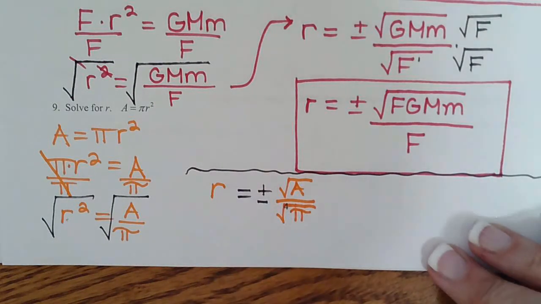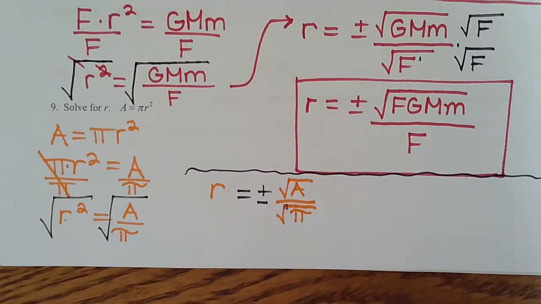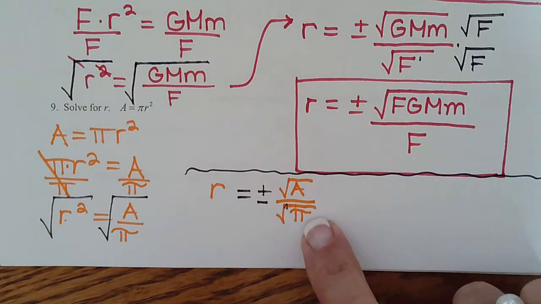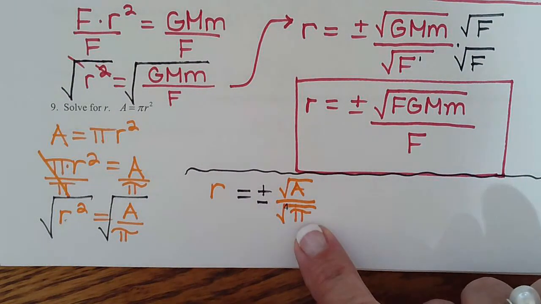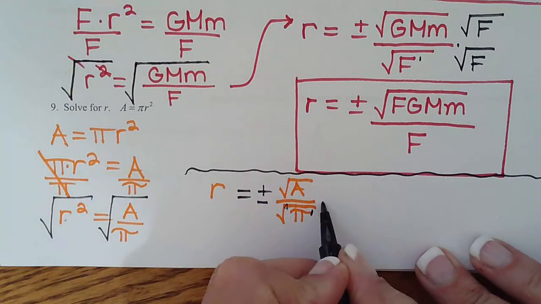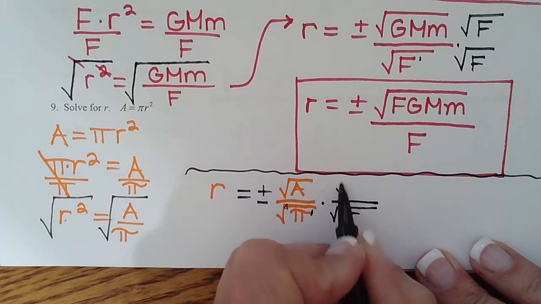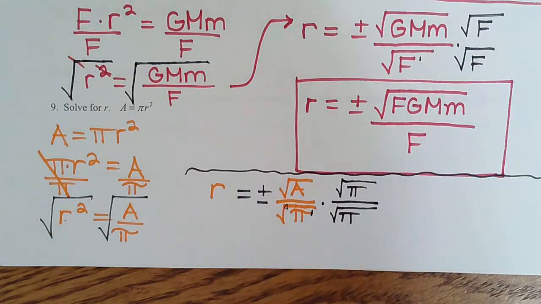And once again, we have a radical in the denominator, and we are not allowed to have a radical in the denominator, so that means we have to rationalize. In order for that pi to pop out, I need 2 of them because this is a square root, and I only have 1. So I have to add in 1 more square root pi. Whatever I do to the denominator, I have to do to the numerator.